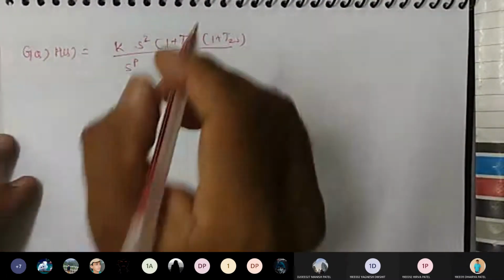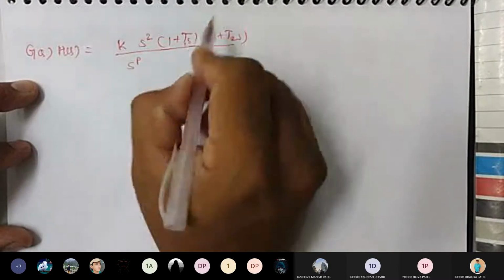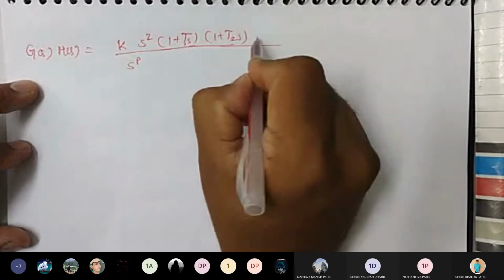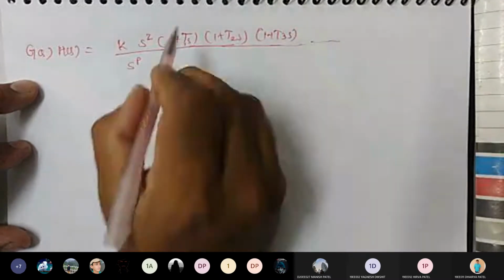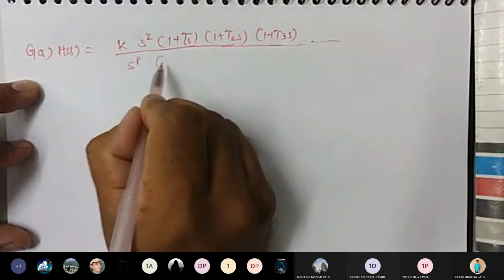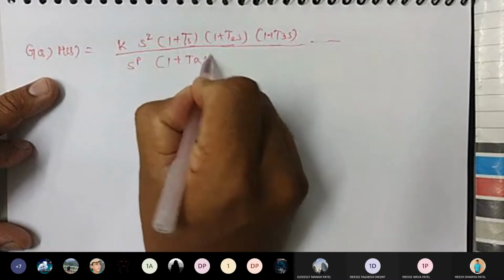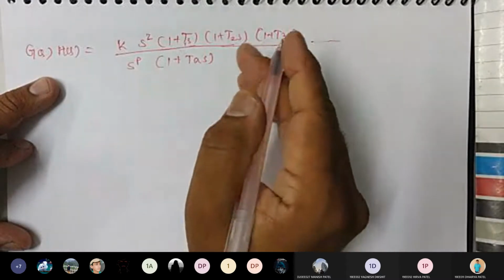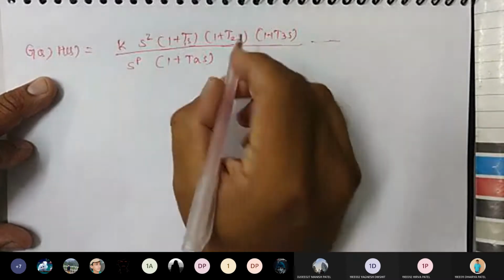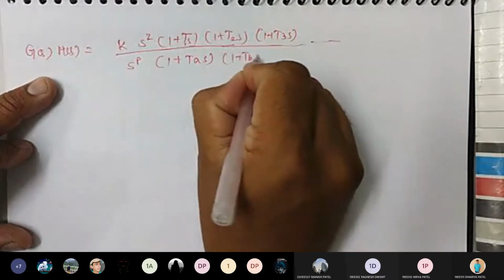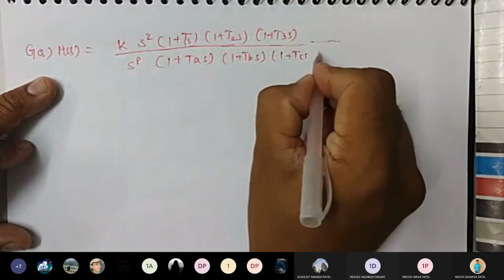So G(s) H(s) is equal to K into s raised to z, 1 plus T1 into s, 1 plus T2 into s, 1 plus T3 into s and so on, divided by, in the denominator, s raised to p, 1 plus Ta into s, 1 plus Tb into s, 1 plus Tc into s.